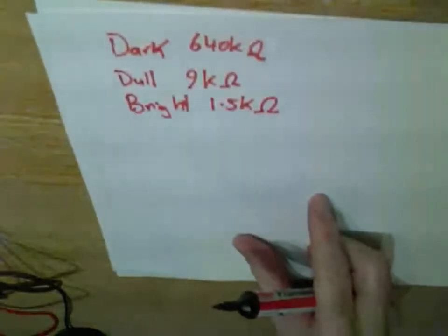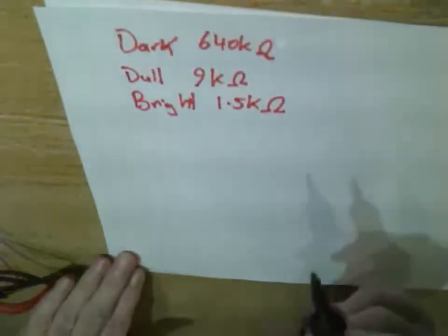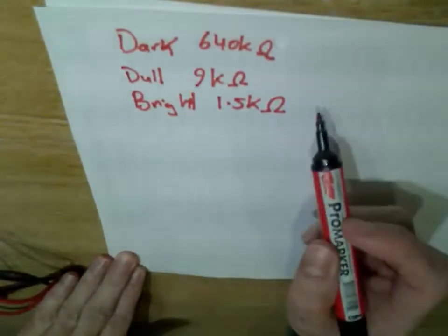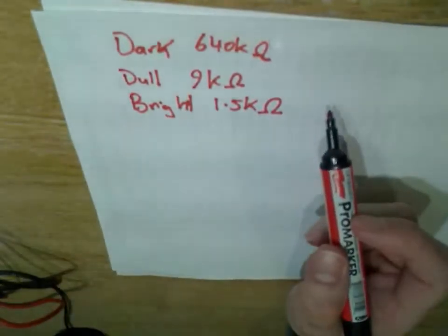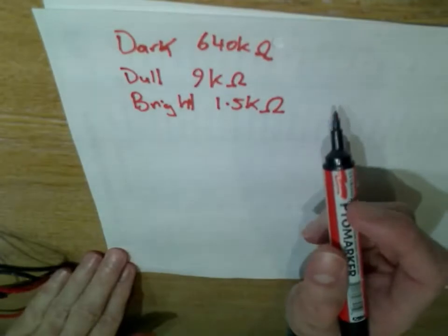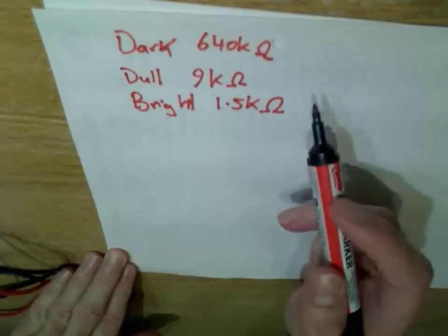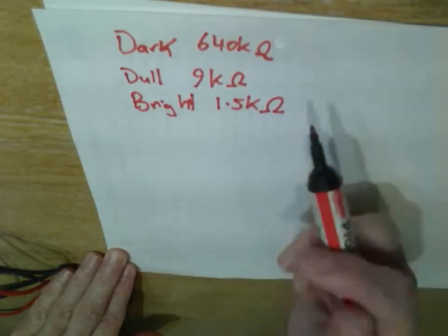So we need to come up with some kind of circuit. We want to switch the LED on when the resistance exceeds a certain value.